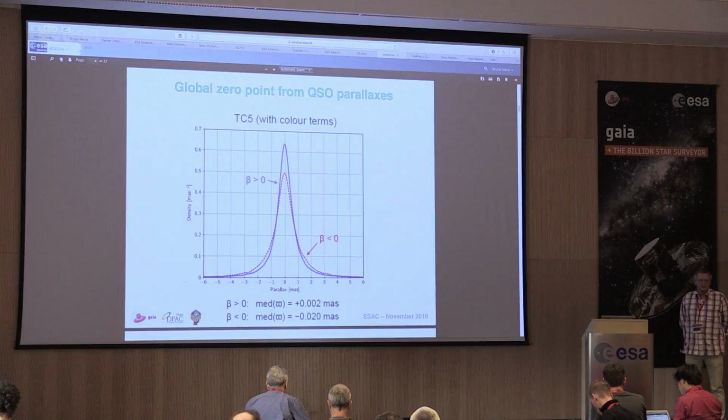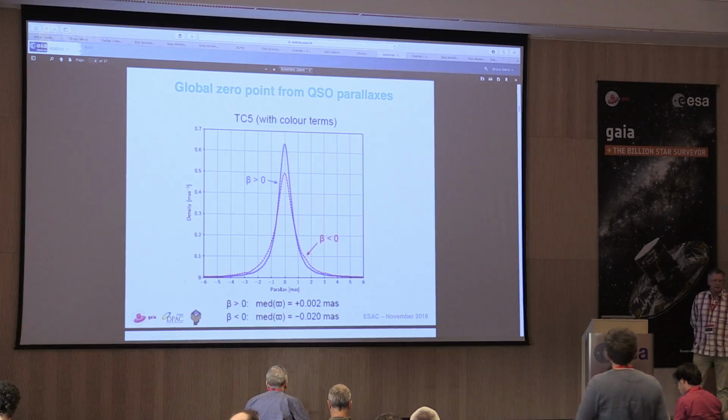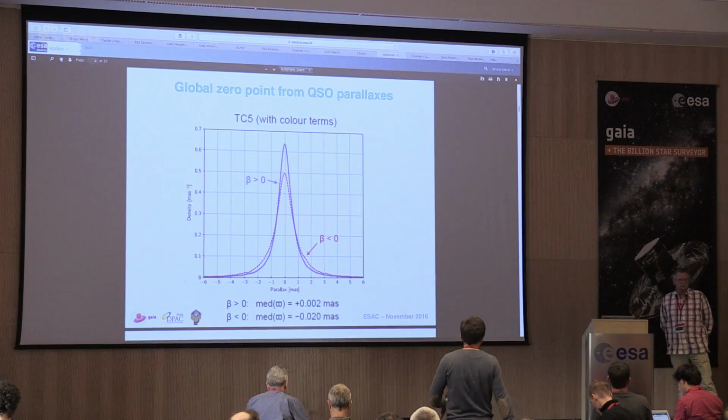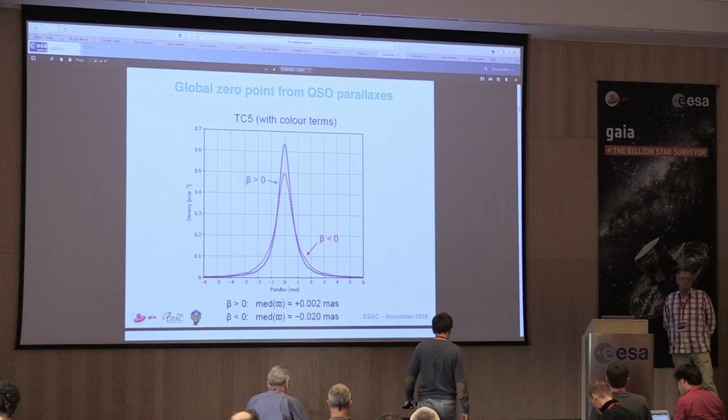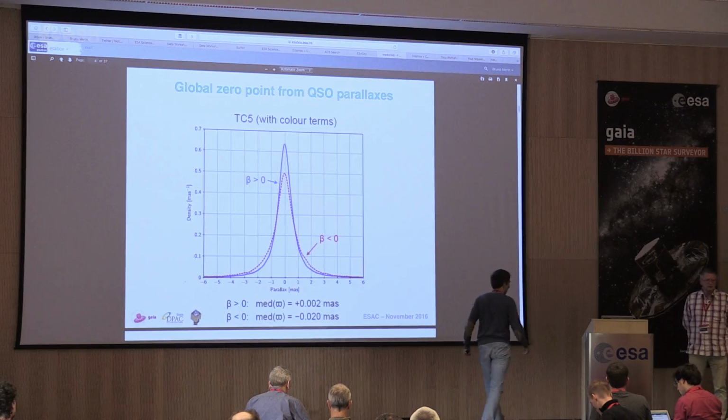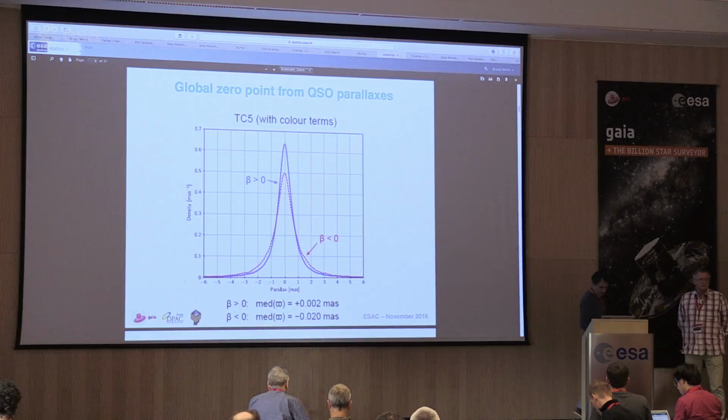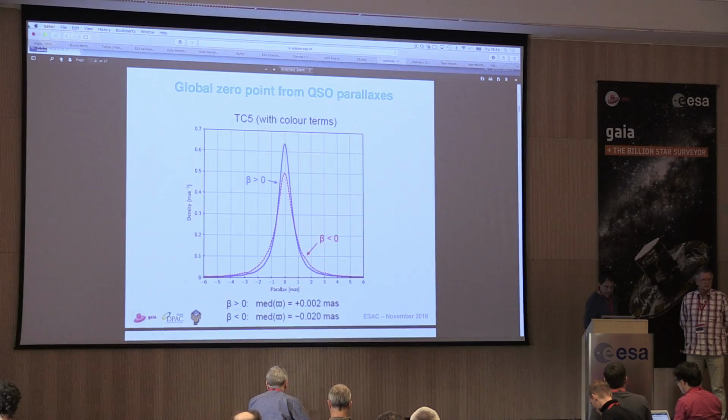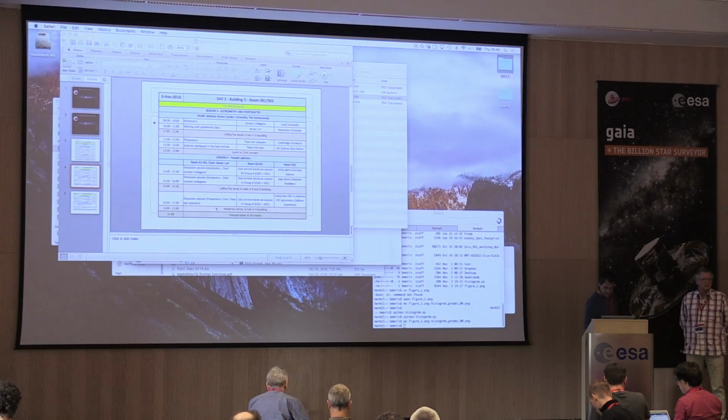Now, in order to do that kind of analysis, are you thinking of finding candidate stars from the excess noise, for example?